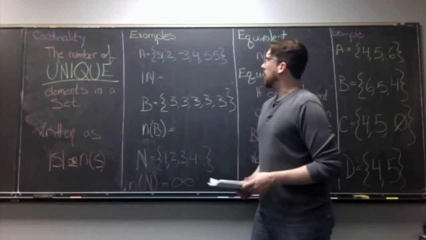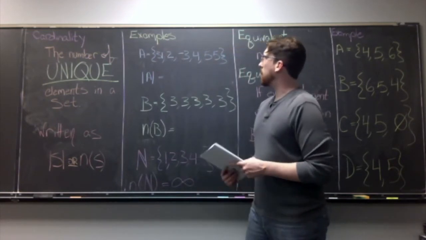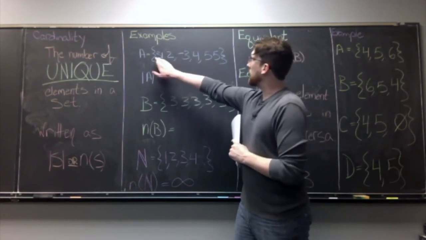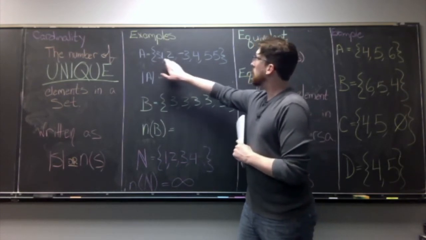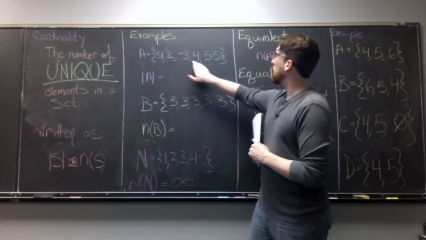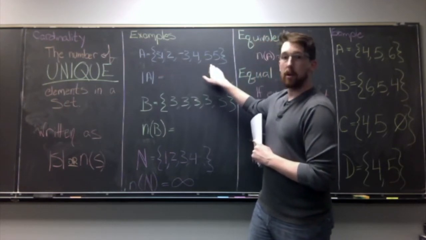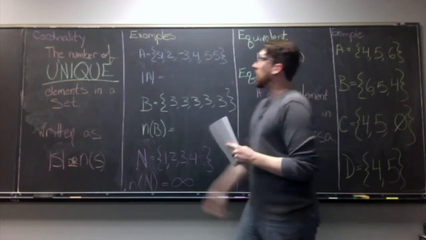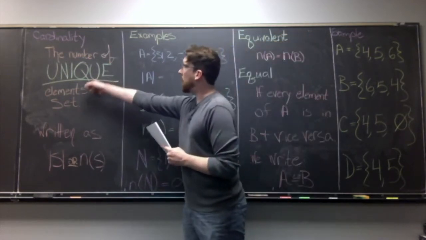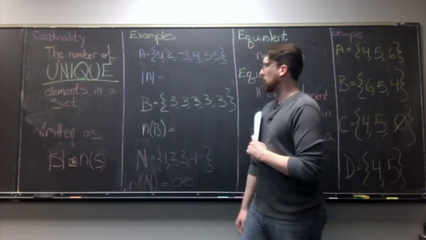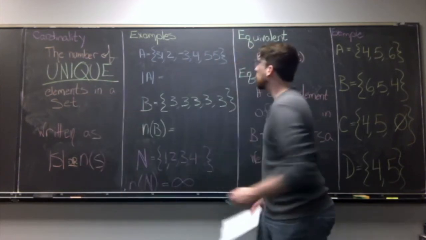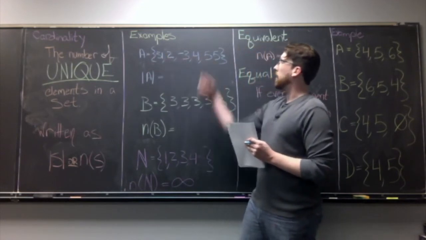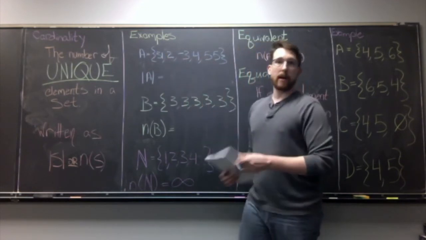Now, as an example of the cardinality of a set, let's say we have this set up here, A. It's the set with elements 31, 2, -3, 4, and 55. Now we want to know what the cardinality is. So we're going to have to count the number of unique elements in the set. All right, cool. 1, 2, 3, 4, and 5. Cardinality is 5. Cool.